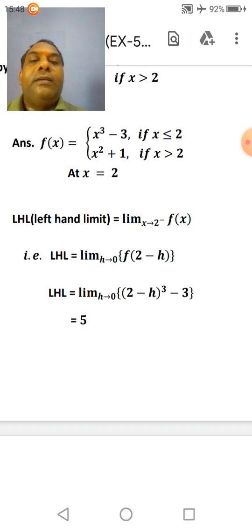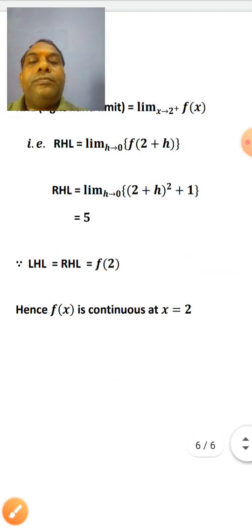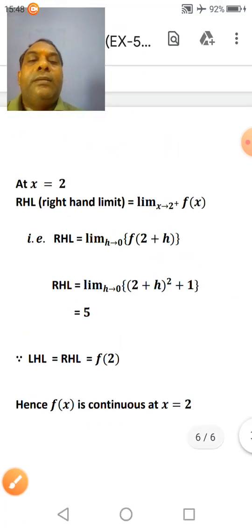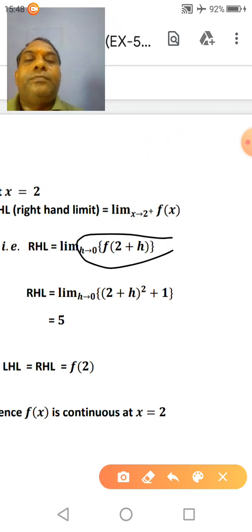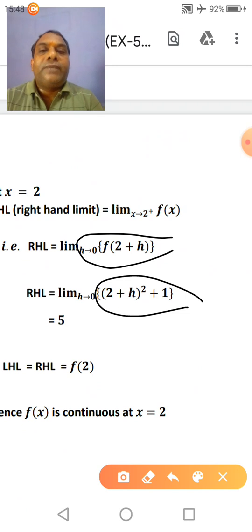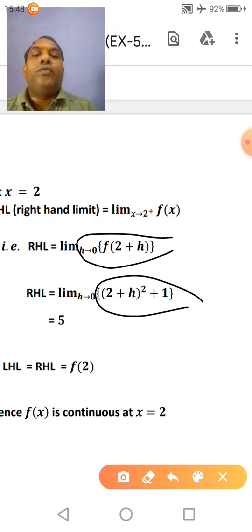Clear? So here f(2 + h) will be equal to, you have to put x = 2 + h in the function f(x) = x^2 + 1. So f(2 + h) will be (2 + h)^2 + 1. Now apply the limit, it is equal to 5.